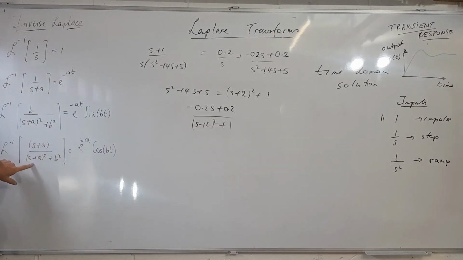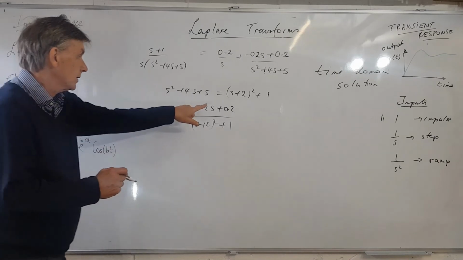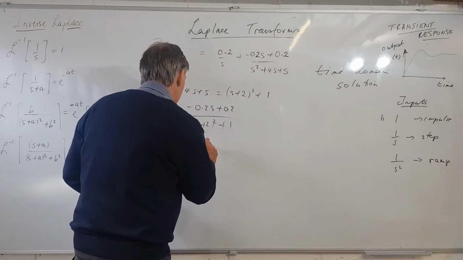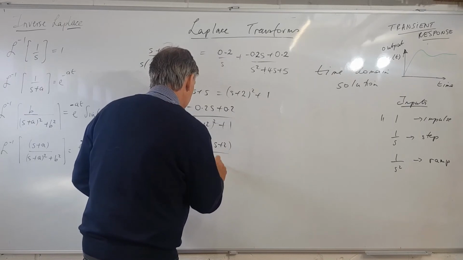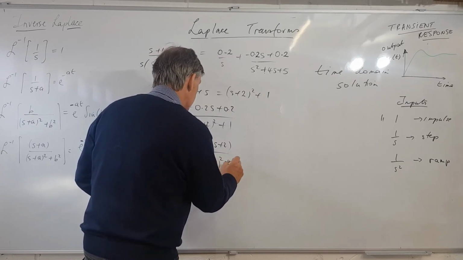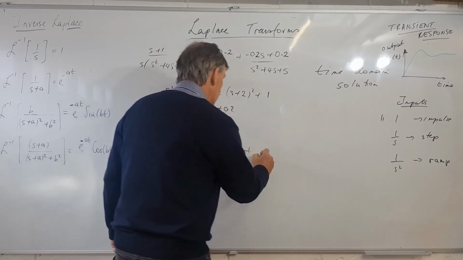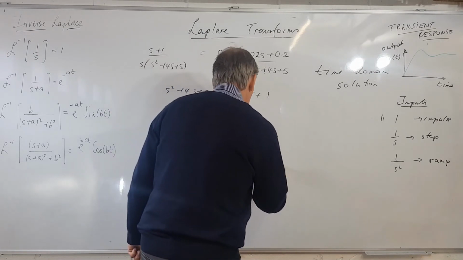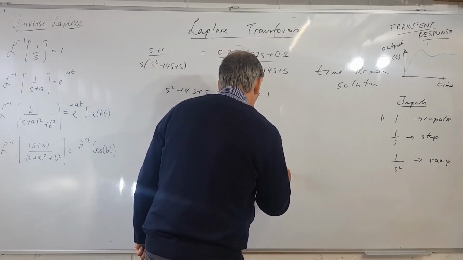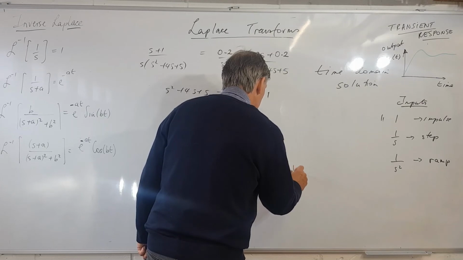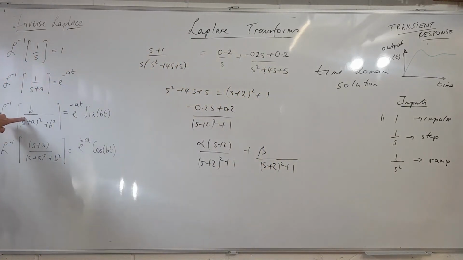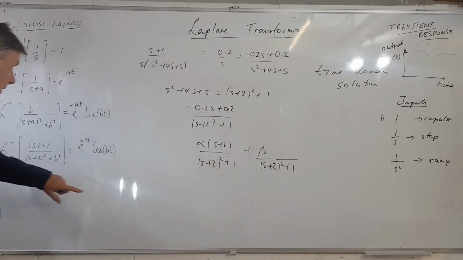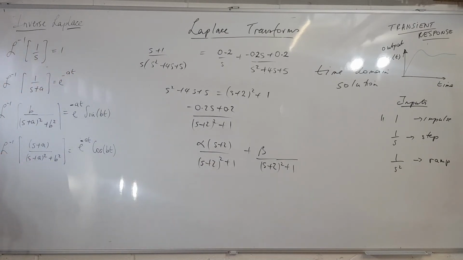So this term could be split into alpha times s plus 2 over s plus 2 squared plus 1, and then a beta over s plus 2 squared plus 1 as well. This term here would be that term, and this term here would be this term. And what we're going to do now is work out the alphas and betas.